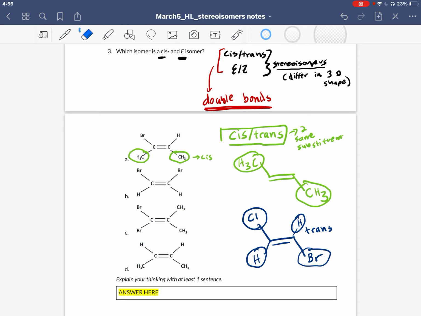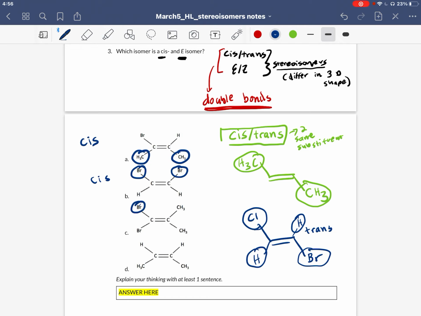So let's take a look at my isomers here. I see I have two of the same exact substituents on the same side of this double bond. So A, I would refer to as cis. B, I have two of the same exact substituents on the same side of the double bond, cis.